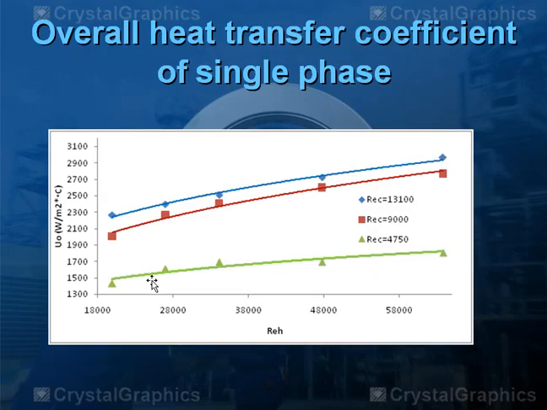For overall heat transfer coefficient in single phase without nanoparticles, the rising of hot Reynolds number and cold Reynolds number gives a higher range of overall heat transfer coefficients, approaching values of 1000.